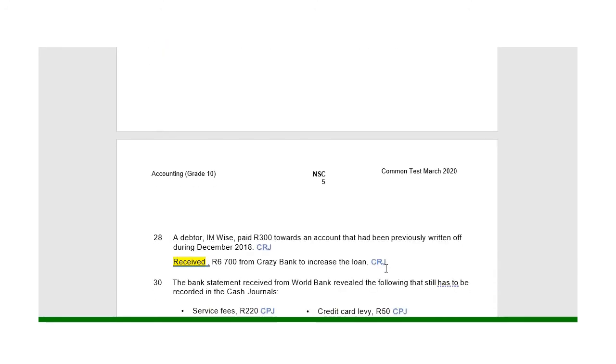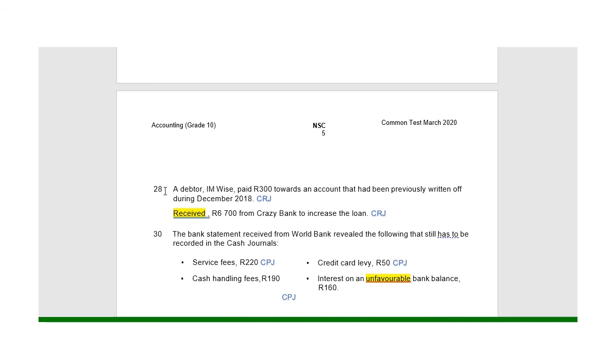Next one was a CPJ, and then on the 28th there's another CRJ. On the 28th from I M Wise, he paid us 300 Rand towards his account that had previously been written off. Also keywords, previously written off.